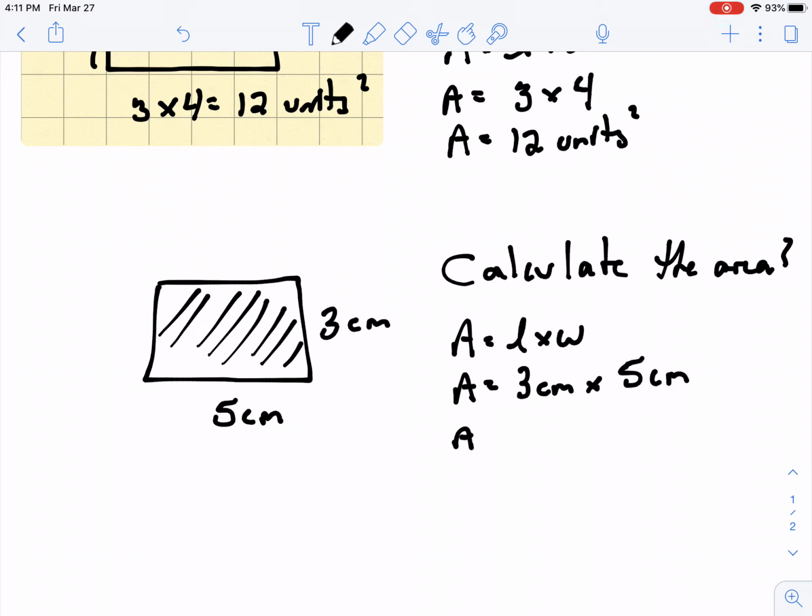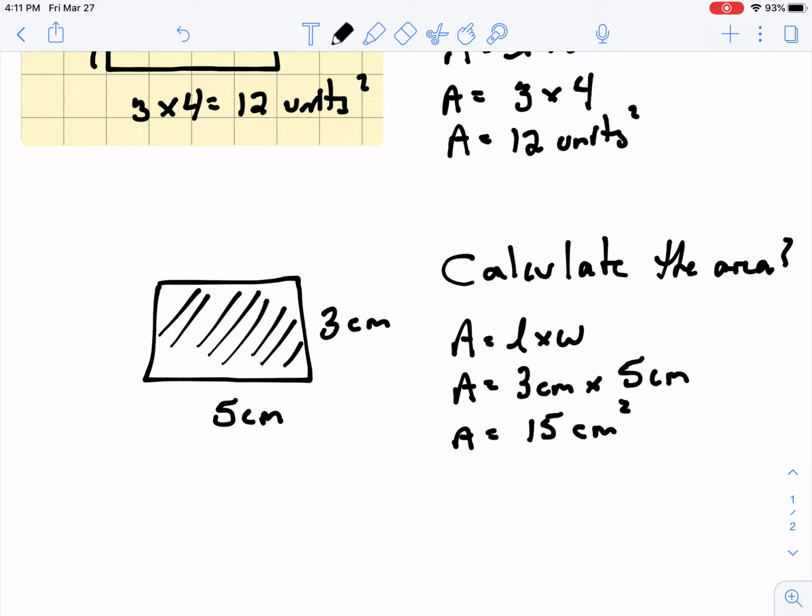And now when I multiply those, I'm going to get 3 times 5 is 15, and I have centimeters squared because we're looking at finding squares within that space, each one being spaced at 1 centimeter each. So easy calculation. I think most of us have seen this. We've practiced it. We may not have had the understanding in terms of what exactly area was, but area again is that space inside that shape.